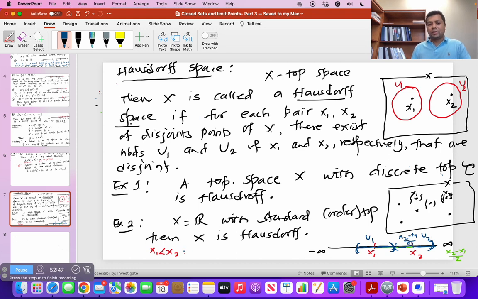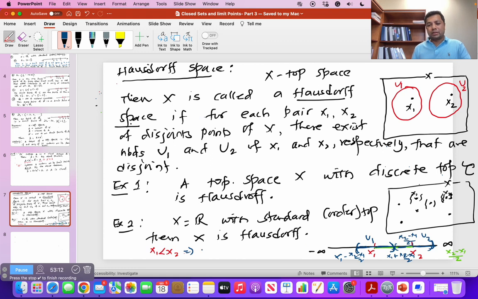So here, this point is going to be x1 plus (x2 minus x1) over 2, and this point is going to be x1 minus (x2 minus x1) over 2. You just subtract this distance from x1, and that gives you this one.